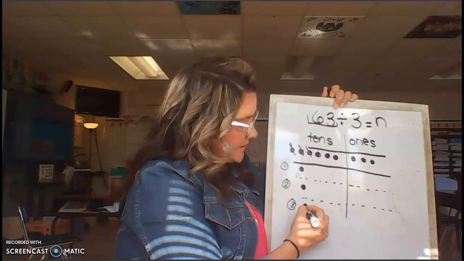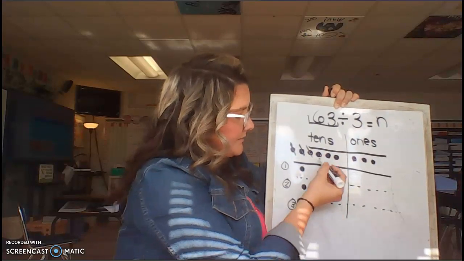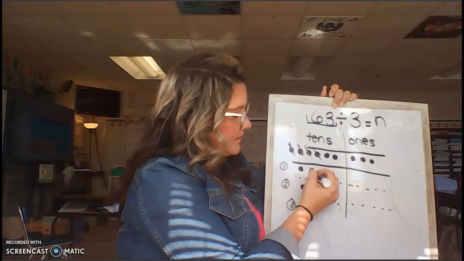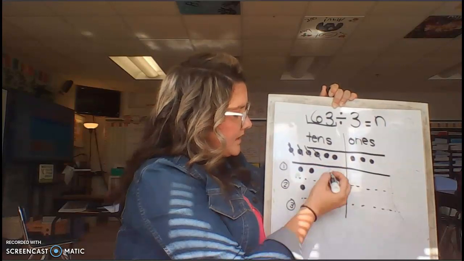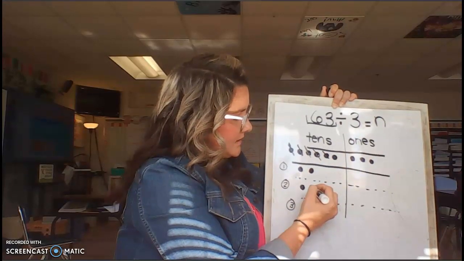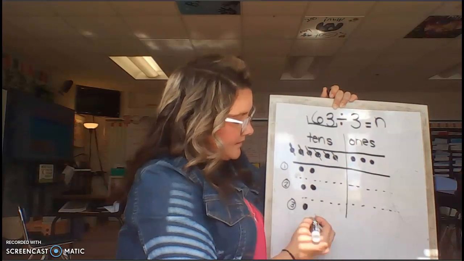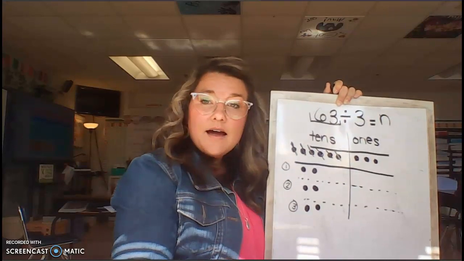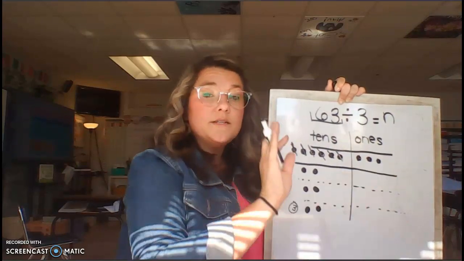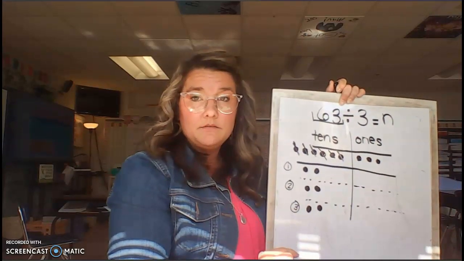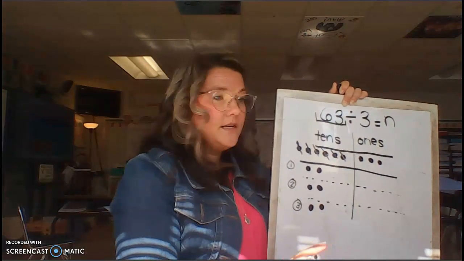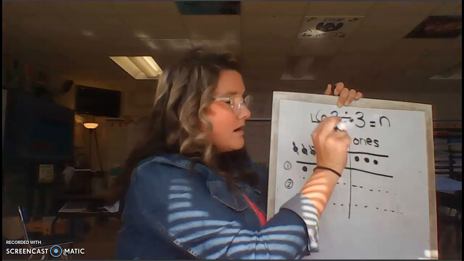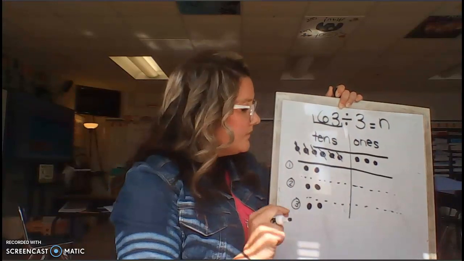Same with that third 10. And then I'm going to start over, give that 10 to group 1, this 10 to group 2, and this 10 to group 3. Have I distributed or divided all of my tens? Yes, I don't have any left over. They have all been given out.